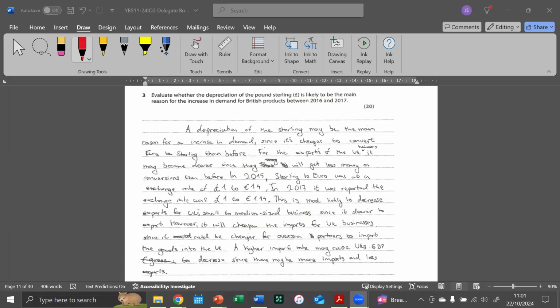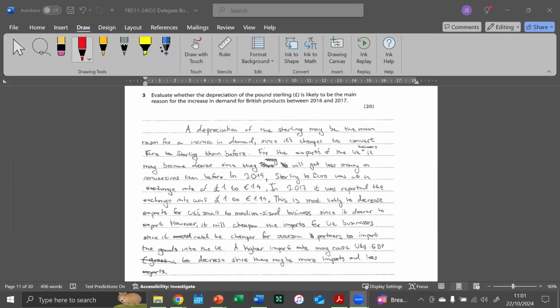But I'd be looking for the deliberate ambiguities within the question. That's what I would be doing. Increase in demand for British products. British products is ambiguous because there are lots of different types of British products.